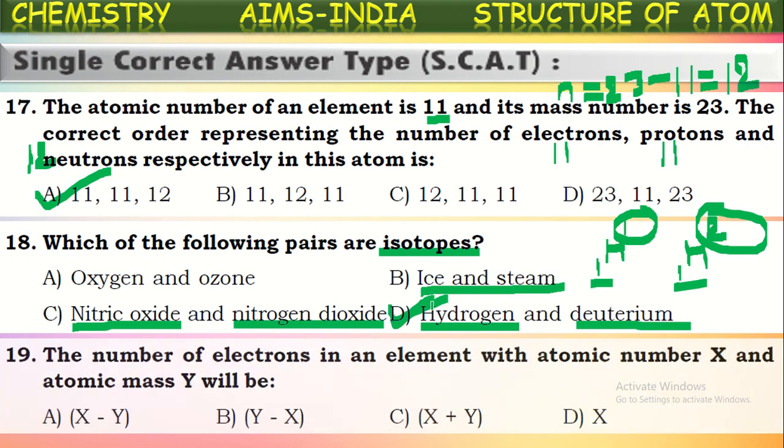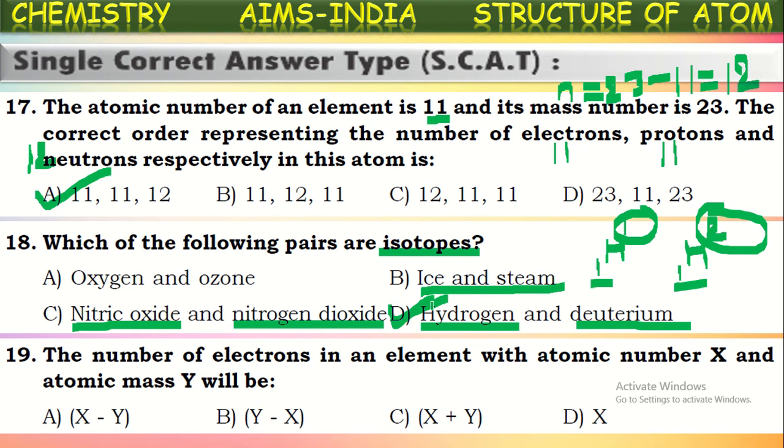Okay. Next one. The number of electrons in an element with atomic number X and atomic mass Y. What will be the number of electrons in it? Mass number is given and atomic number is also given. We know for any element, the atomic number is equal to its number of protons. For neutral atoms, the number of protons is also equal to the number of electrons.